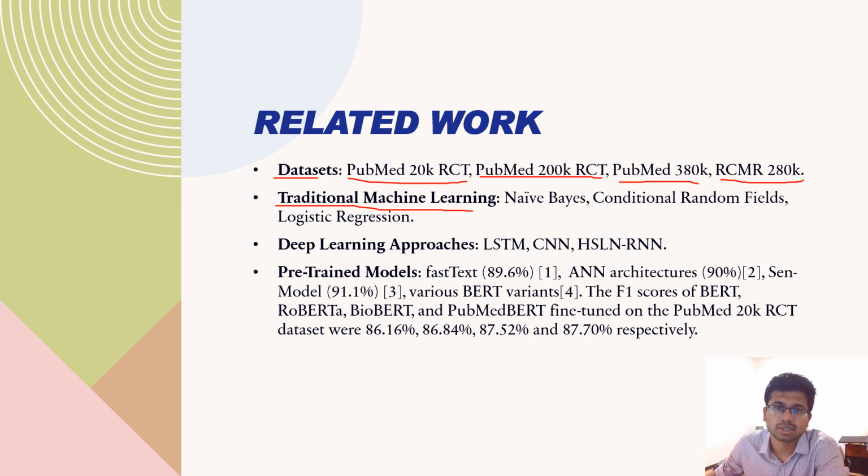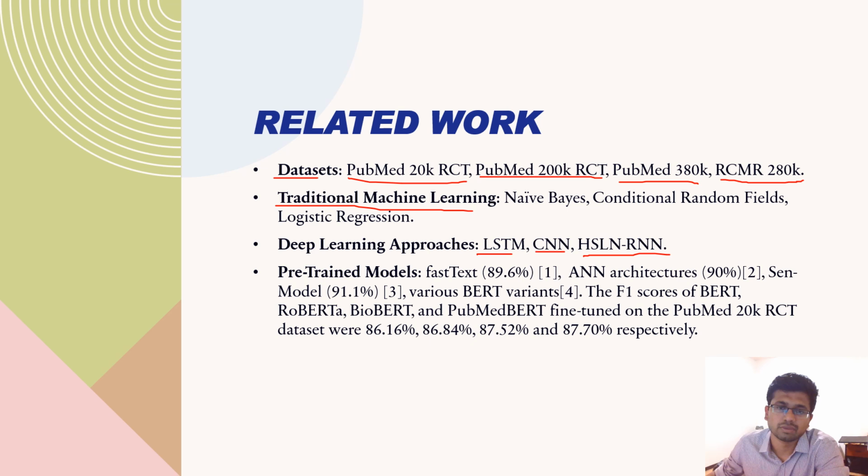But since these methods required manual feature selection, which can be quite laborious and time consuming, and with the development in the field of NLP, deep learning techniques got popularity and produced superior results. Models like LSTM, CNN, HSLN, and RNN improved the state of the art and became popular.